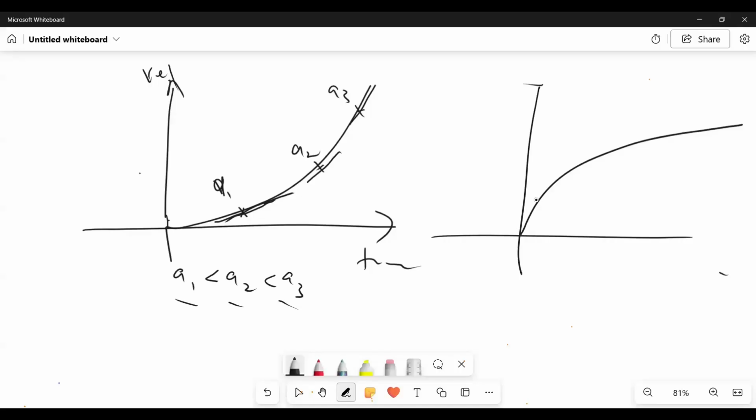Same thing here: your acceleration A1, A2, A3. A1 is greater than A2 is greater than A3. So you're not dealing with uniform acceleration. It's varying. And these are more complex situations. I'll try to avoid them, but I just want you to be aware of this type of scenario with velocity time graphs.